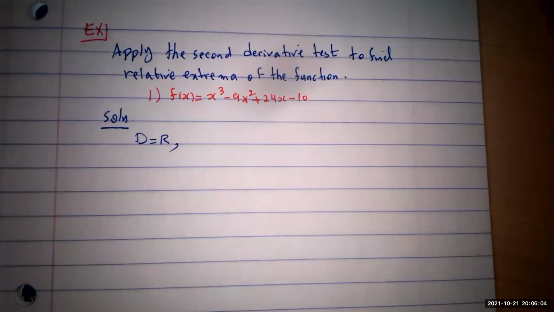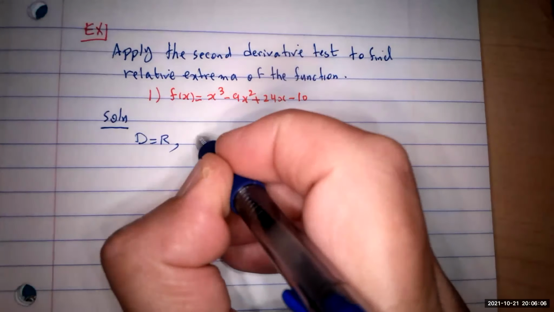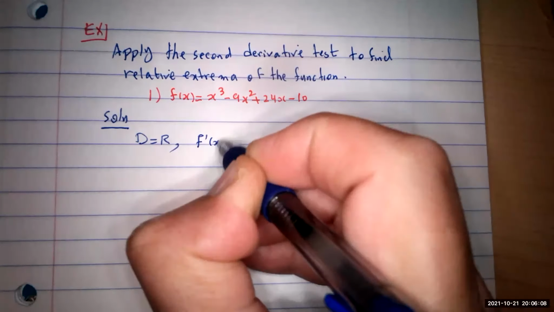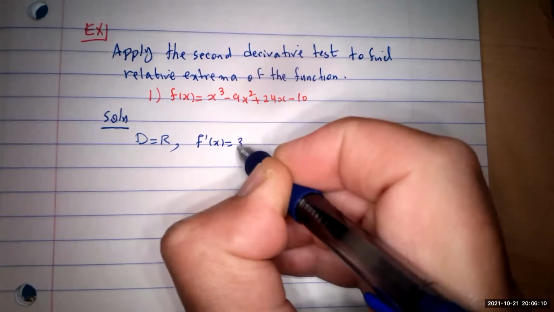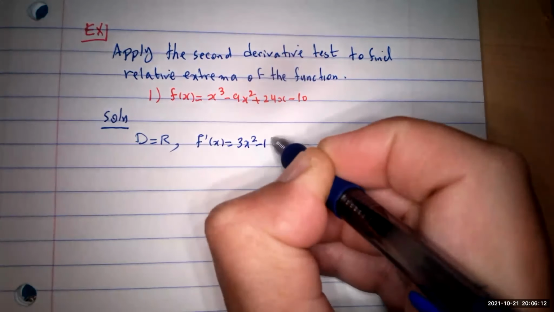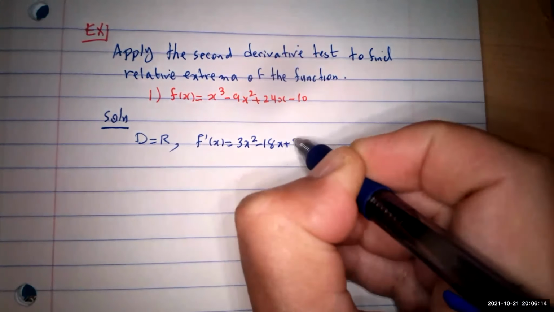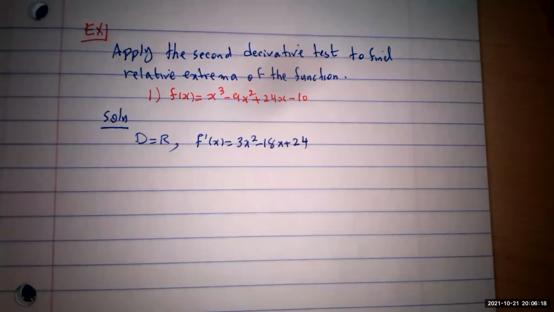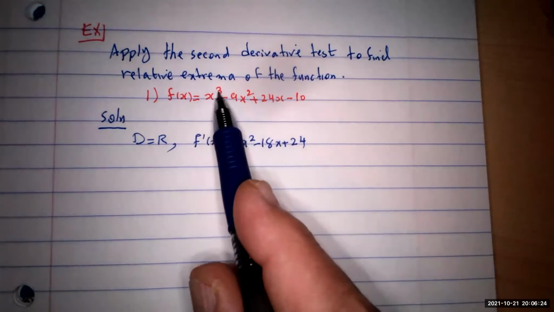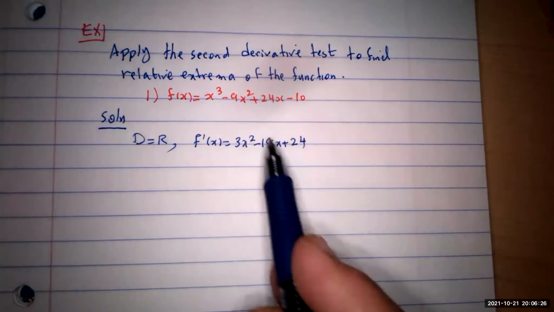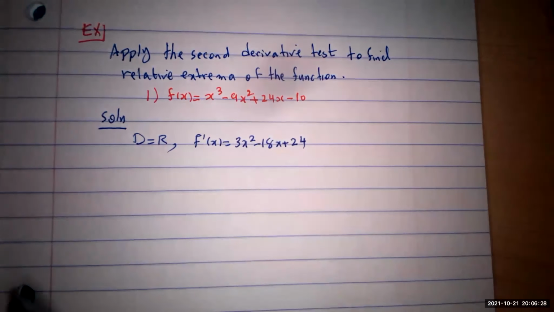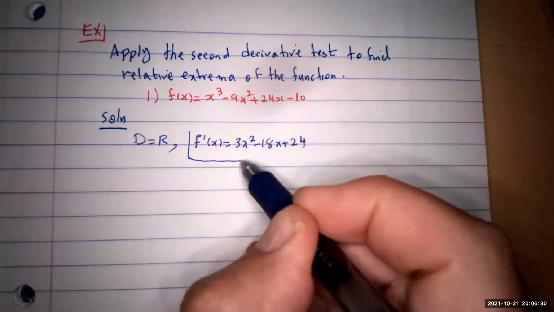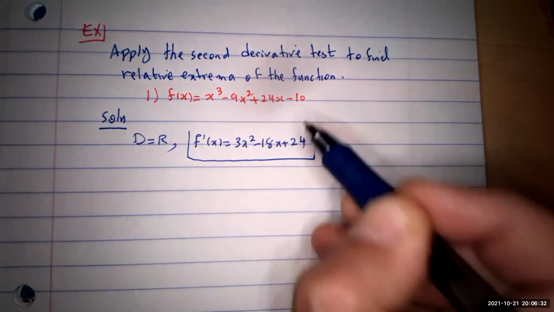Find f prime. F prime is easy to find. That gives you 3x squared minus 18x plus 24. Double check, because this is the important part of your problem. If you miss something in f prime, everything would be different. I just used the power rule: 3x squared, 2 times 9 is 18, plus 24. You highlight it because you have to use it quite a few times.